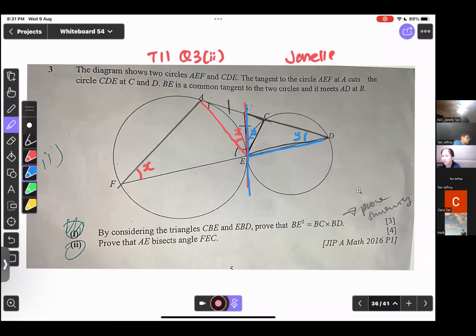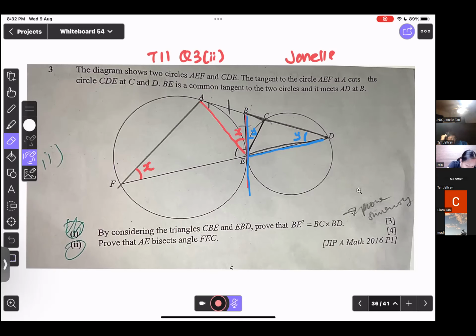Give me a sec. Angle AEF is the same as angle BAE. Okay, angle BAE plus angle ADE. Angle AEF. Okay, what's angle BAE?